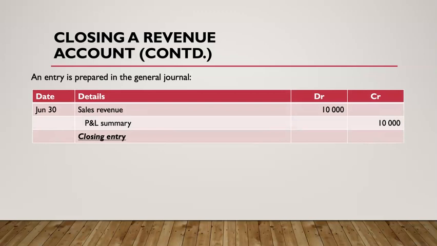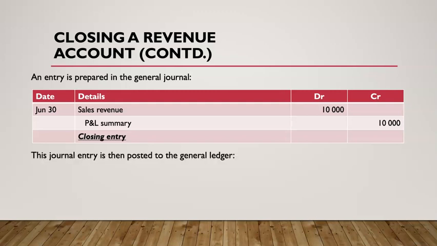On June 30, the last day of my reporting period, I'm going to write a debit of sales revenue to make that account zero. If I have done a debit, accounting says I must do a credit. And this is why the P&L summary account comes in, because it is my temporary account, that is my scorecard, and that's where I put my credit.